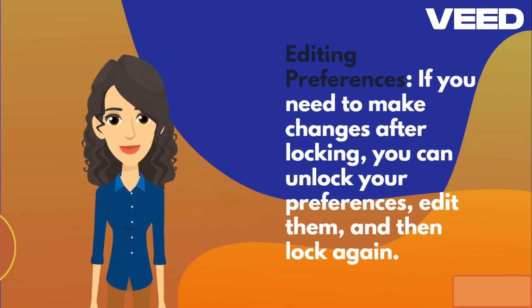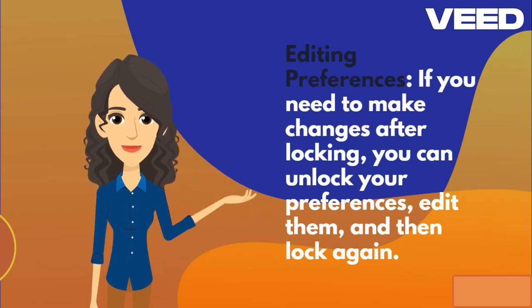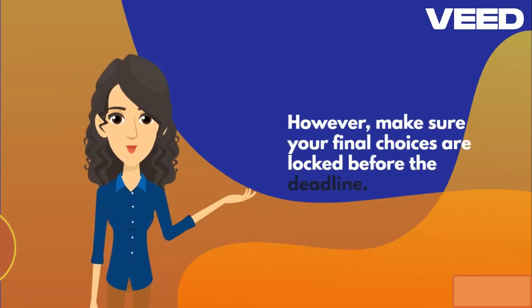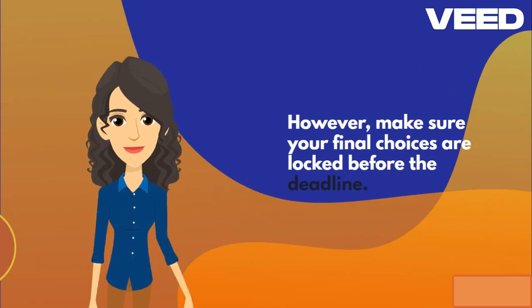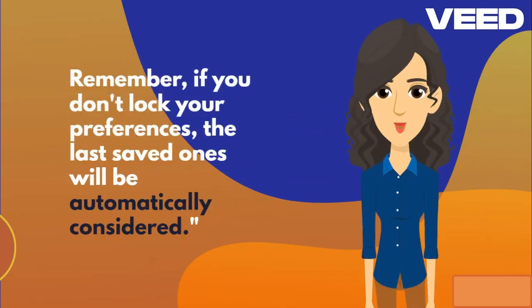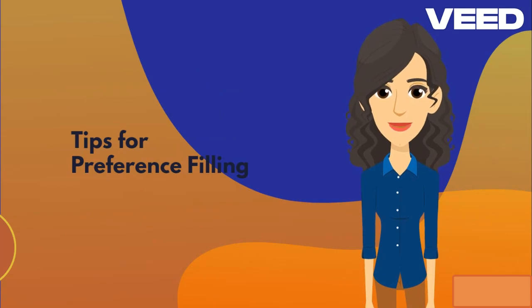Editing preferences. If you need to make changes after locking, you can unlock your preferences, edit them, and then lock again. However, make sure your final choices are locked before the deadline. Remember, if you don't lock your preferences, the last saved ones will be automatically considered.